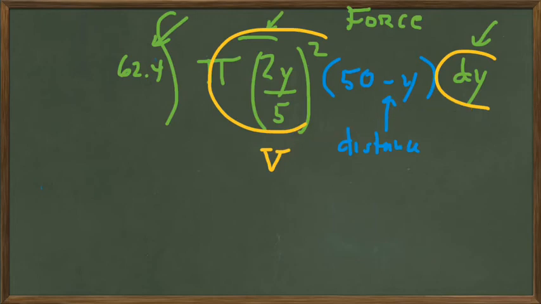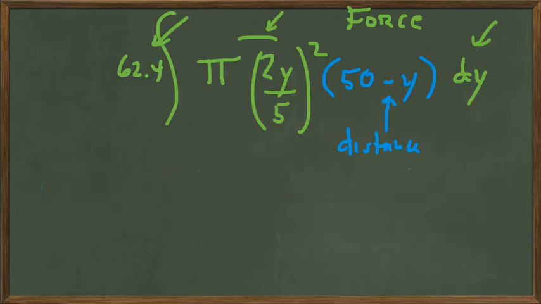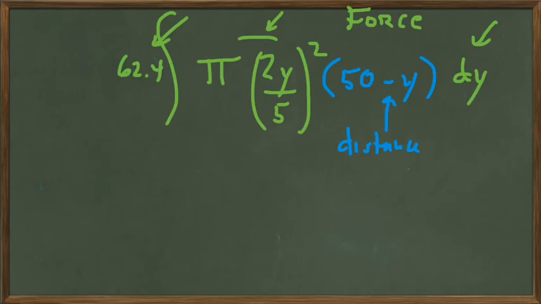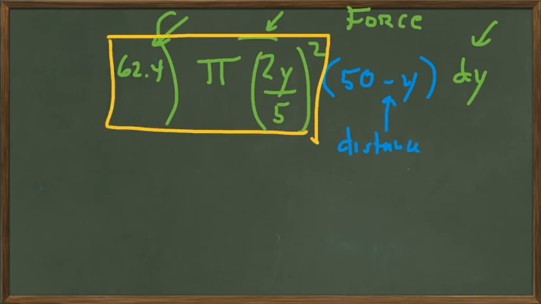And the density is right here, and the density times the volume is equal to the weight, which is the same as the force. So all of this portion times this portion represents the force.